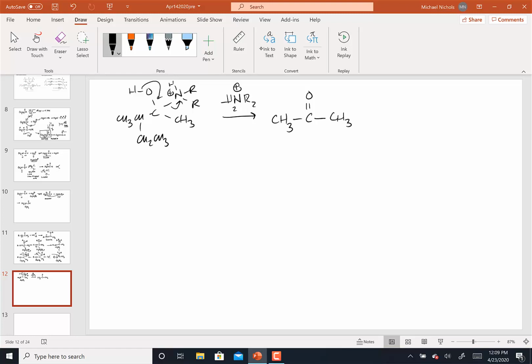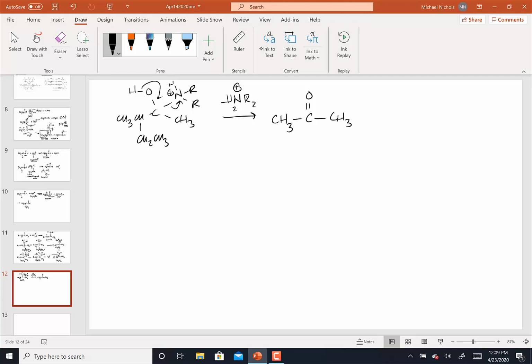There. So when I rewrite that structure, it looks like this. And then I'm going to go ahead and lose the H plus, lose the ammonium, so I end up losing NH2R2 with the plus charge. I end up losing that ammonium when the nitrogen gets united with that H plus.